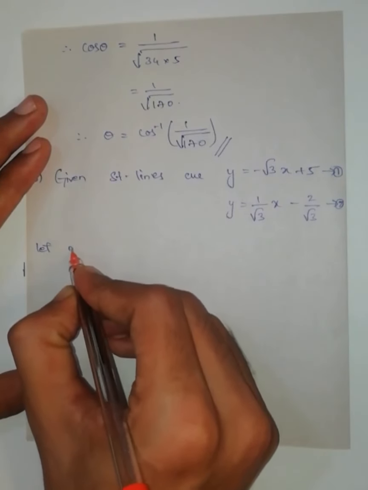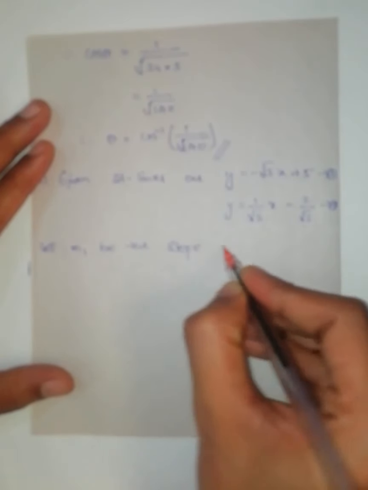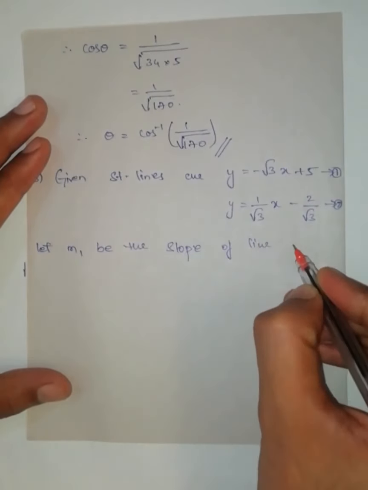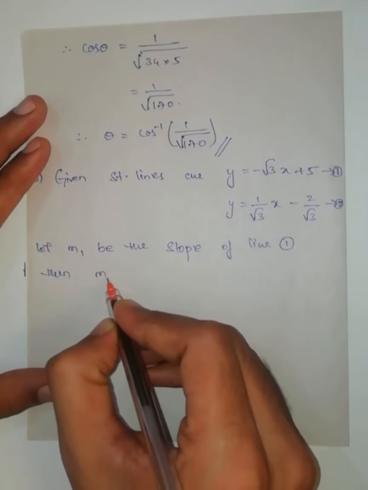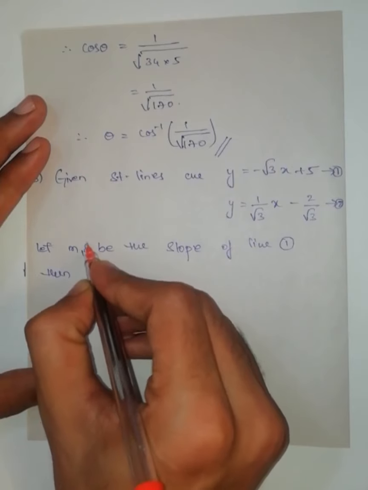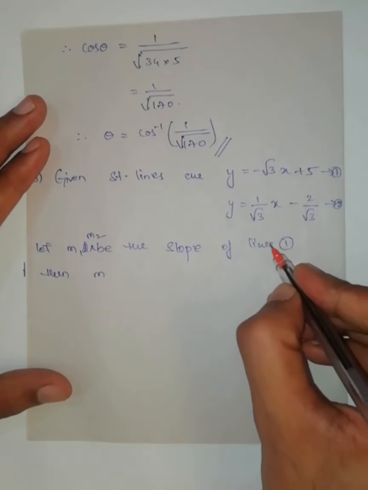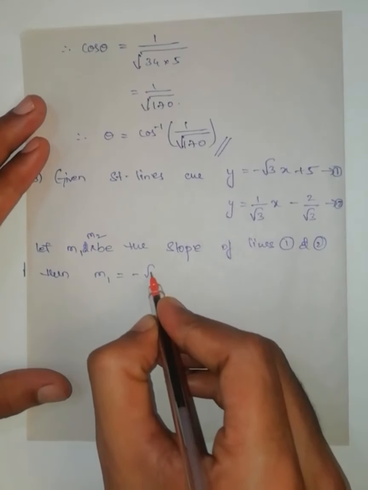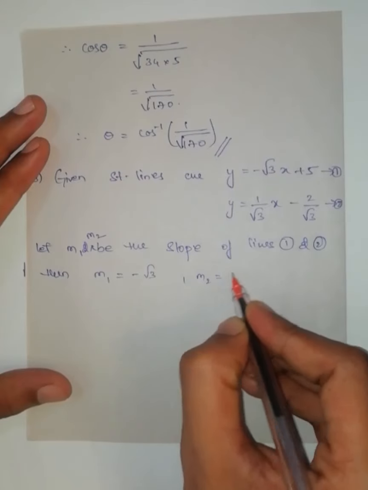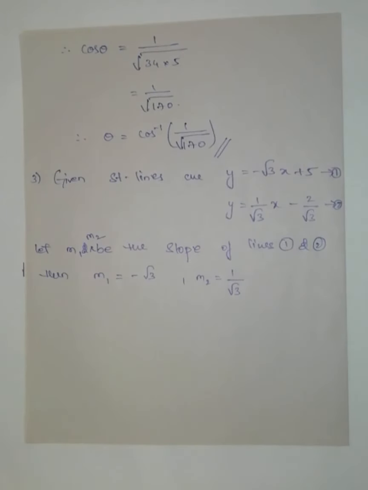Let m1 and m2 be the slopes of lines 1 and 2. Then m1 is equal to minus root 3, m2 is equal to 1 by root 3. Now I have to check whether m1 into m2 is minus 1 or not.